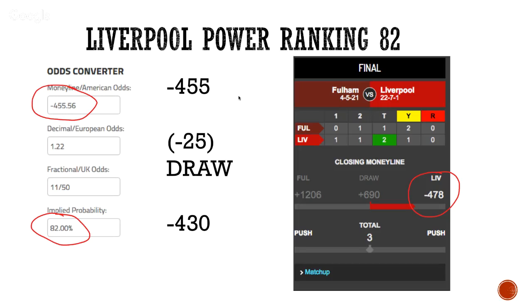The Liverpool power rank would be minus 430. Now the odds that they had for the game was minus 478. So this would be a no play because there's absolutely no value in that game. And I'm not sure we would even play it if, say, Liverpool was minus 230. But I just wanted to show you how that all works. Again, the draw is very important that you factor that in as well.